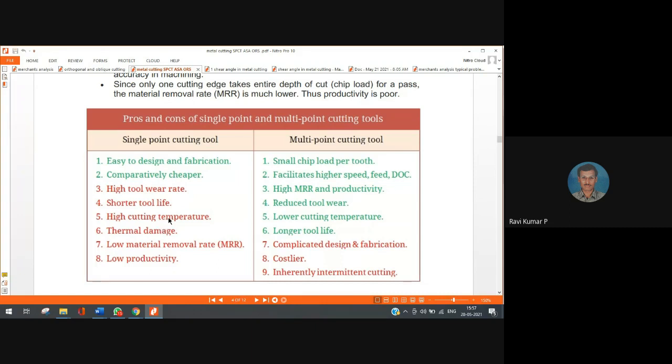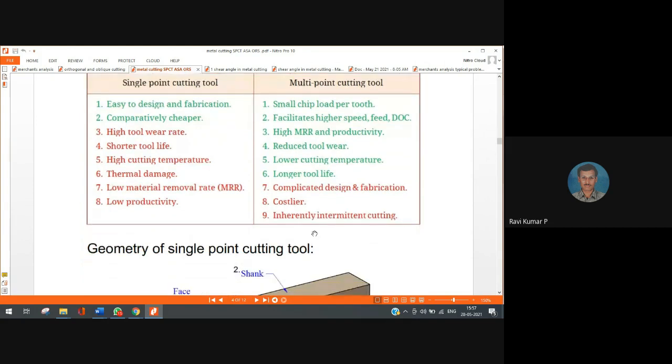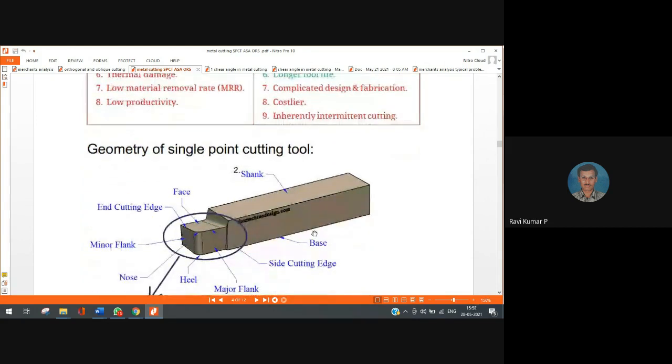There is going to be high cutting temperature and lesser material removal rate. On the other hand, the multi-point cutting tool overcomes these negative points.